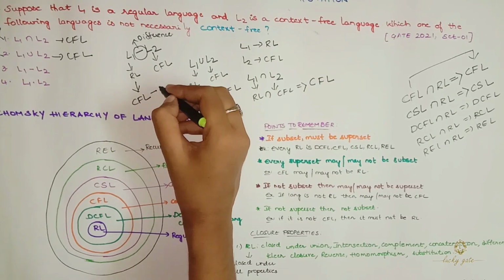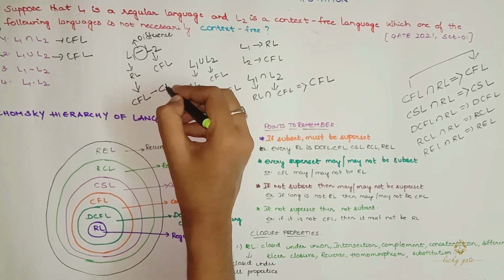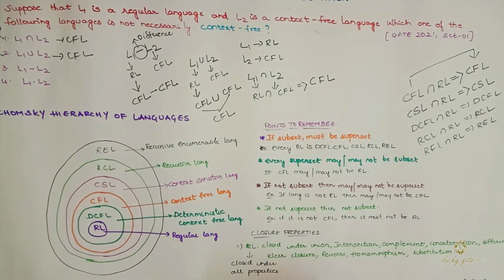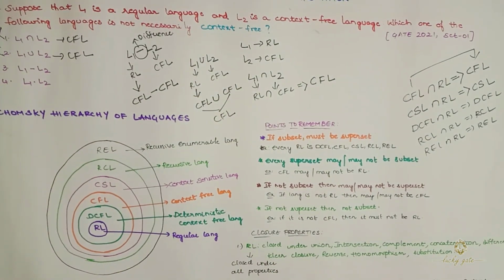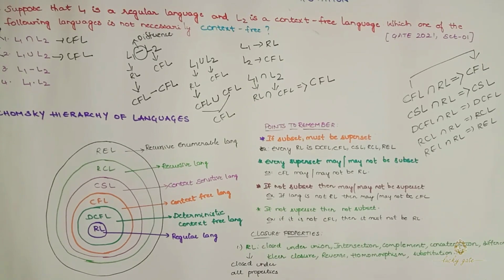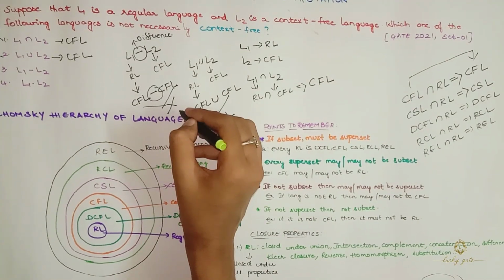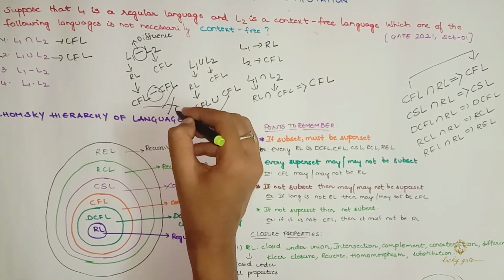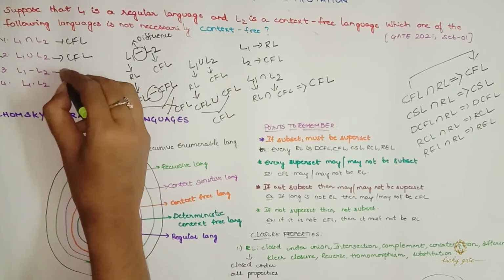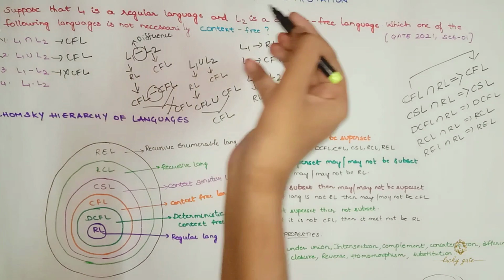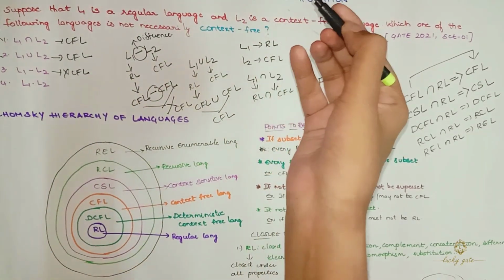Now it is performing difference with L2, which is also a CFL. I discussed the key point of closure properties that CFLs are not closed under intersection, complement, difference and quotient. So the resulting language is not a CFL, and maybe this is the correct option we are searching for.